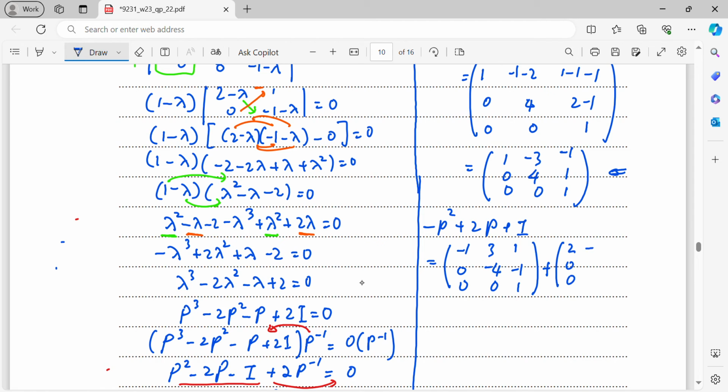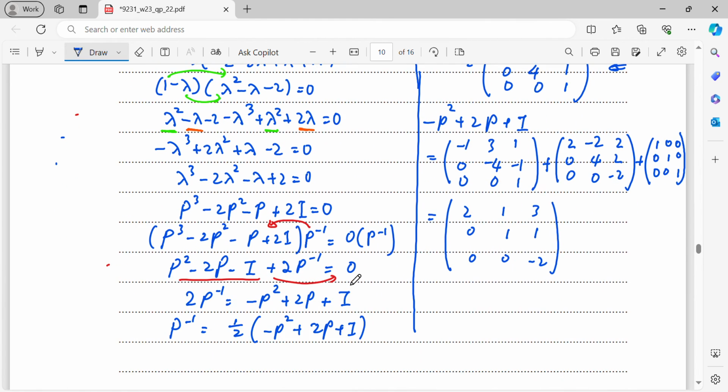And then the I is the identity matrix. Then now, when you add up, I will get this matrix. That is my minus P squared plus 2P plus I.